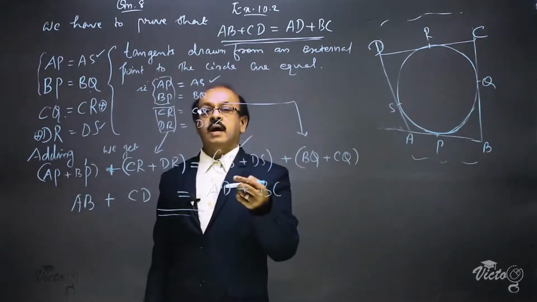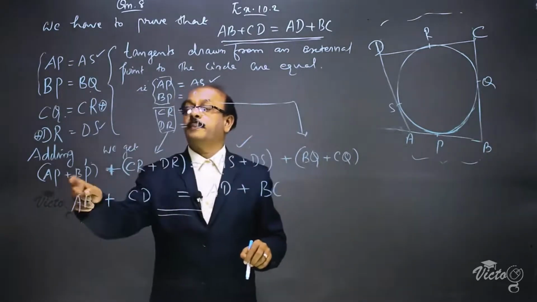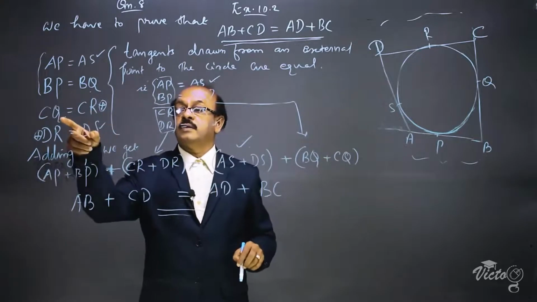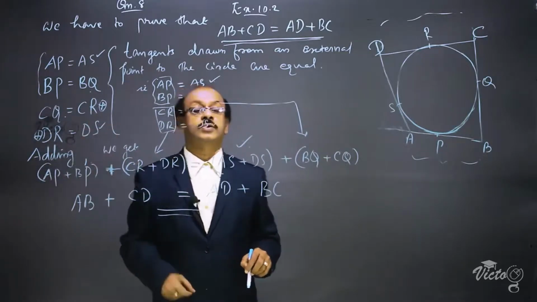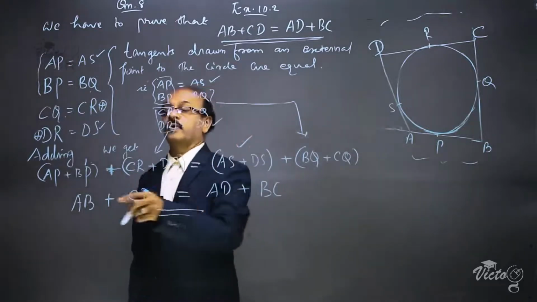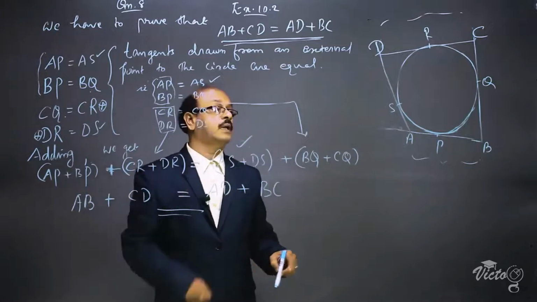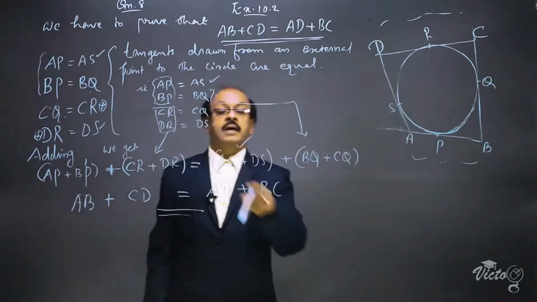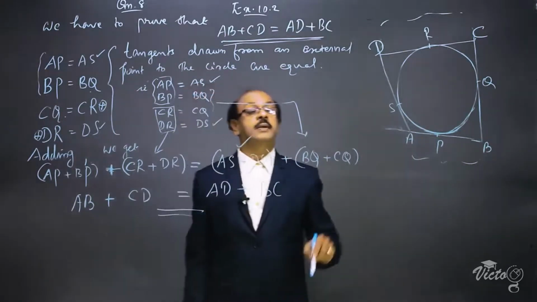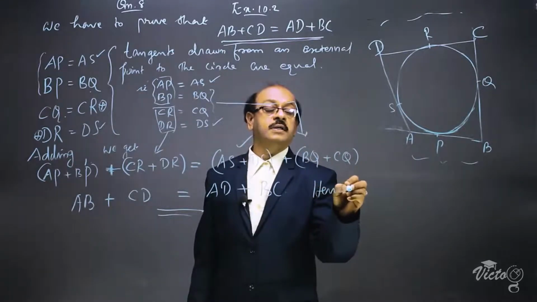So, we are rearranging and adding the lengths of tangents. We are getting AP plus BP plus CR plus DR is equal to AS plus DS plus BQ plus CQ. From the figure, AP plus BP is equal to AB, CR plus DR is equal to CD, AS plus DS is equal to AD and BQ plus CQ is equal to BC. Hence, we got the result. Hence, it is proved.